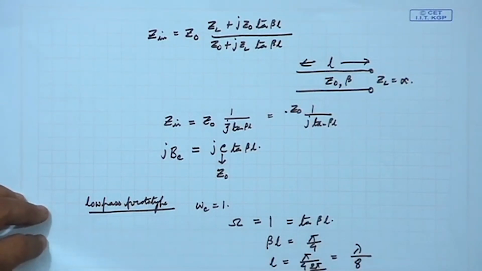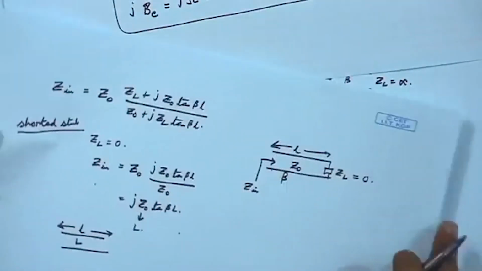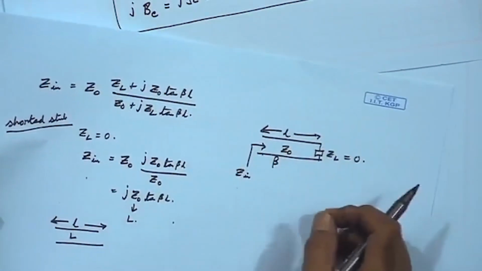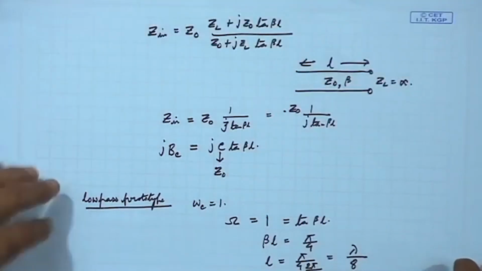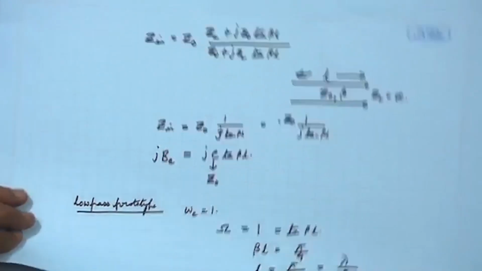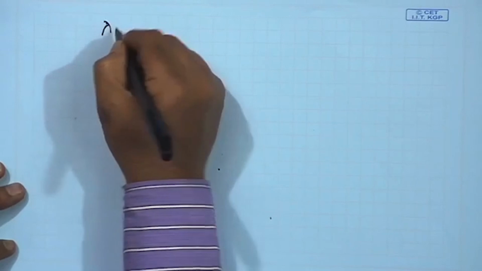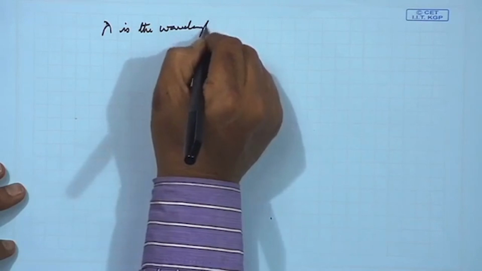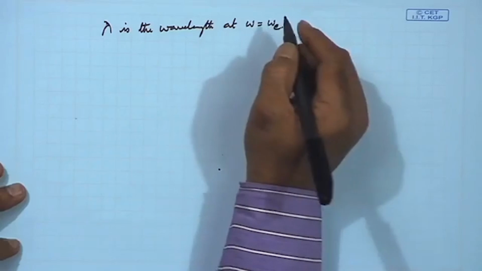So, it says that all these lengths, when we choose this, at omega c are lambda by 8. So, at the cutoff frequency, when you are doing Richards transformation, this lambda is the wavelength at omega is equal to omega c.